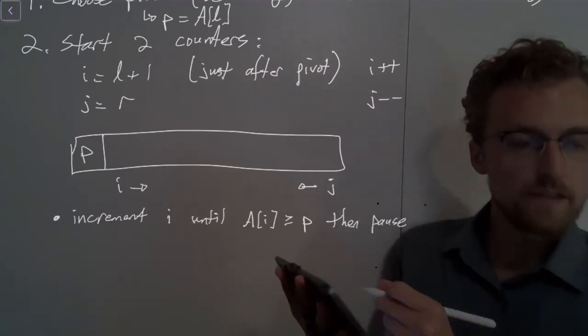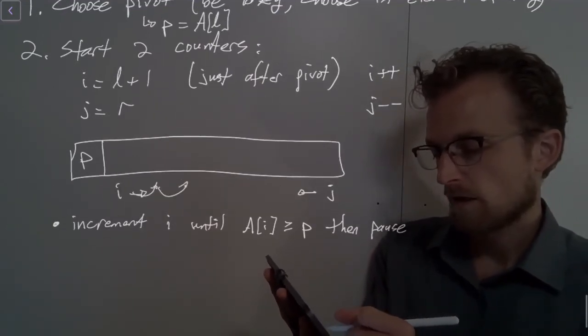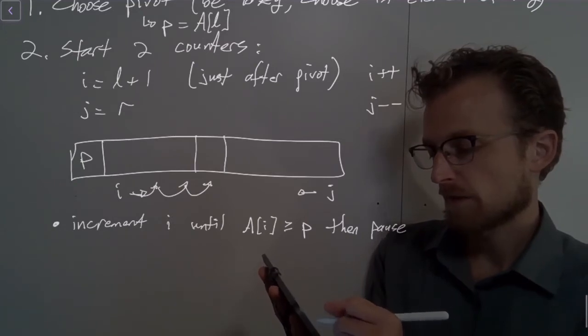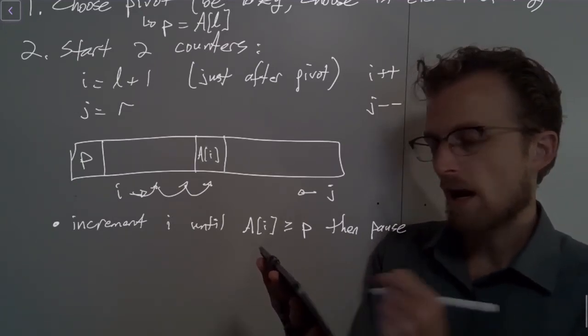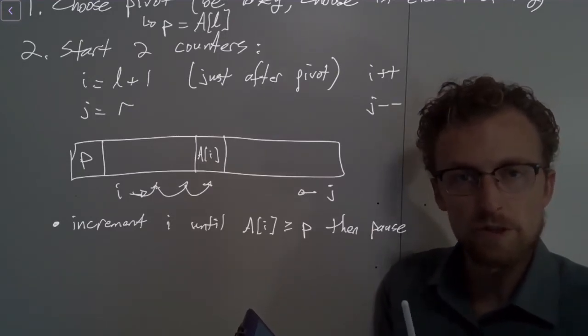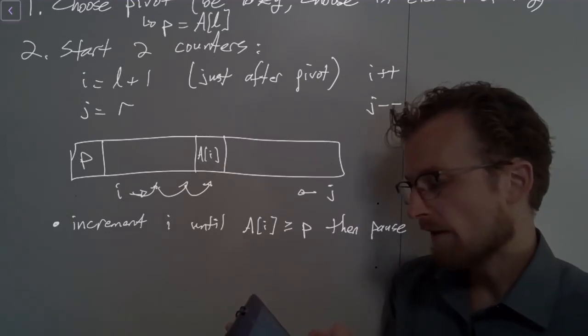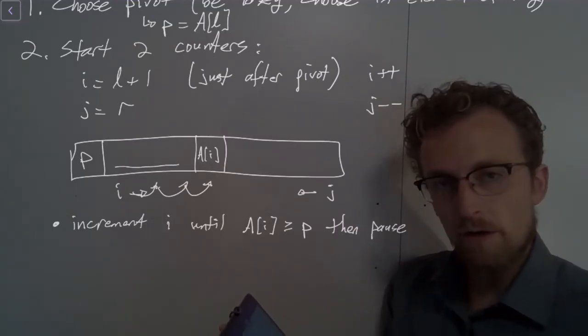So I is going to just tick forward until it finds something here. And so there's our A[I]. The fact that I stopped means that A[I] is bigger than or equal to the pivot. And the fact that it got all the way there means that everything in here is less than or equal to the pivot.